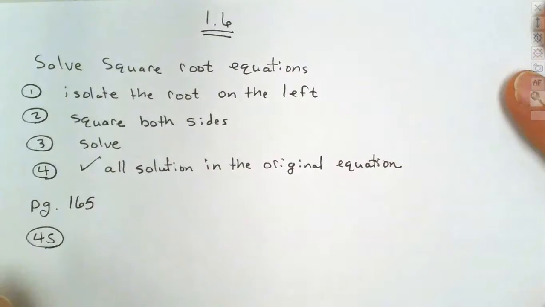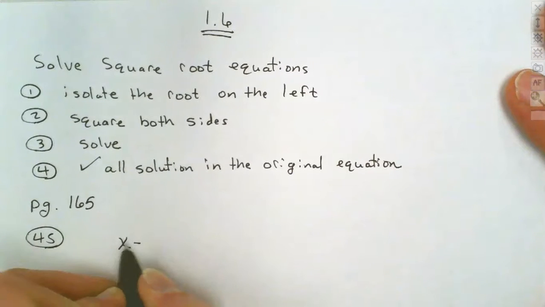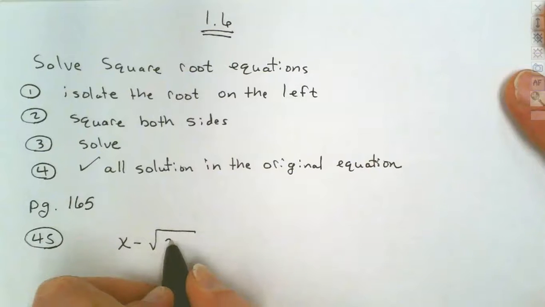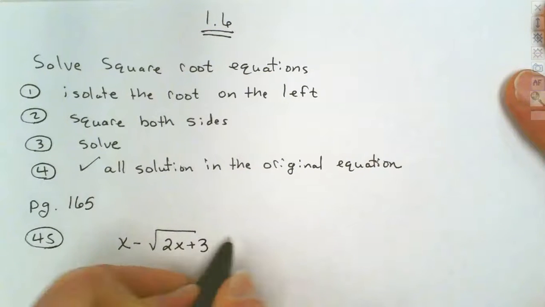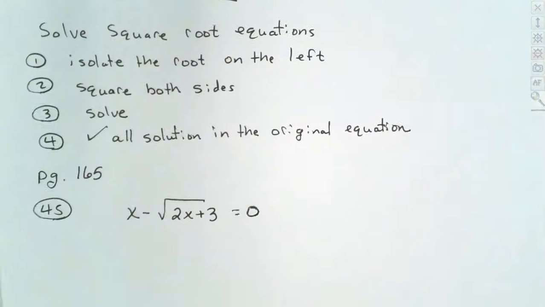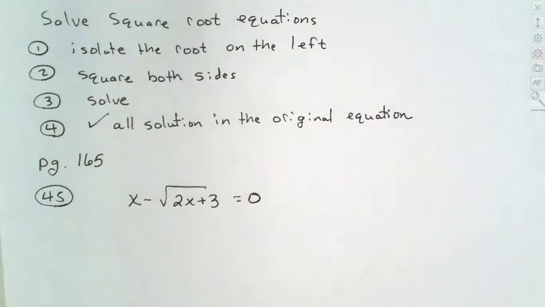Okay, so what we've got is x minus the square root of 2x plus 3 equals 0. Now what we want to do, since we have a square root, is get this square root by itself. Now remember back in 1.4, how did we get rid of a square? We took a square root, right? So think in terms of opposites, how would we then get rid of a square root?